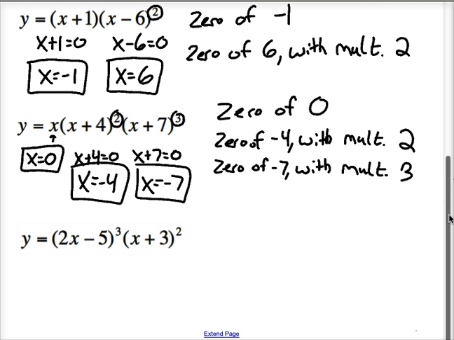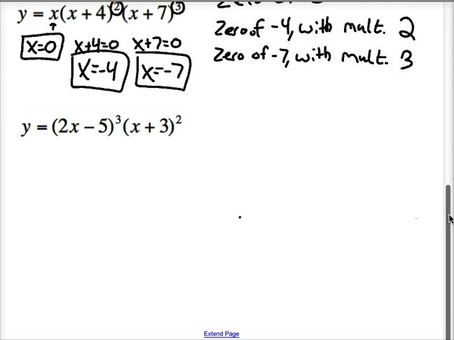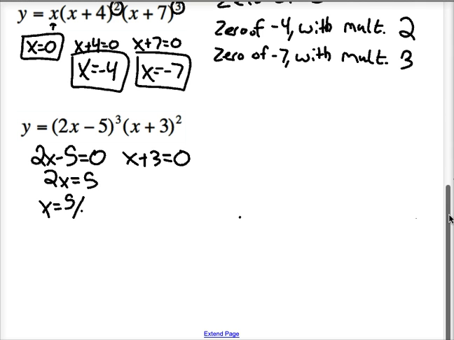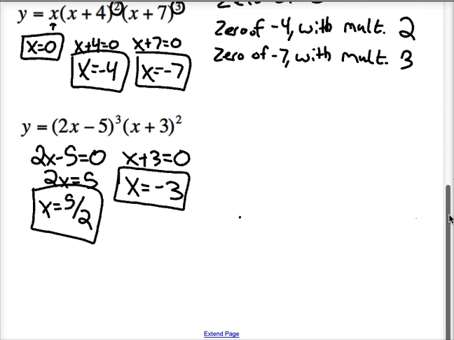So let's do one more example before we end our notes. I take each parenthesis, set it equal to 0. Here I'm going to have to add my 5 over and then divide by 2. Here I just have to subtract the 3 over.